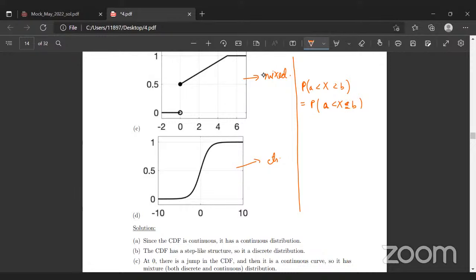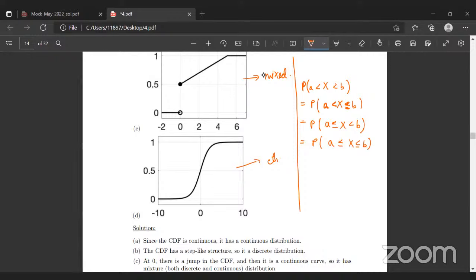You are taking b here but not a. This is also the same as the probability that X lies between a, where a is inclusive, and X is less than b. And this is again the same as the probability that X takes values between a and b.